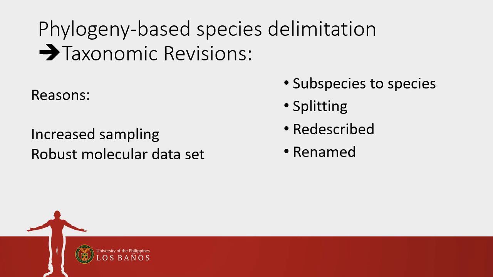The reasons could be due to increased sampling or due to robust molecular data sets. So the kinds of taxonomic revisions seen are subspecies that are elevated to species. There could be splitting, there could be a redescription, or there could also be renaming.